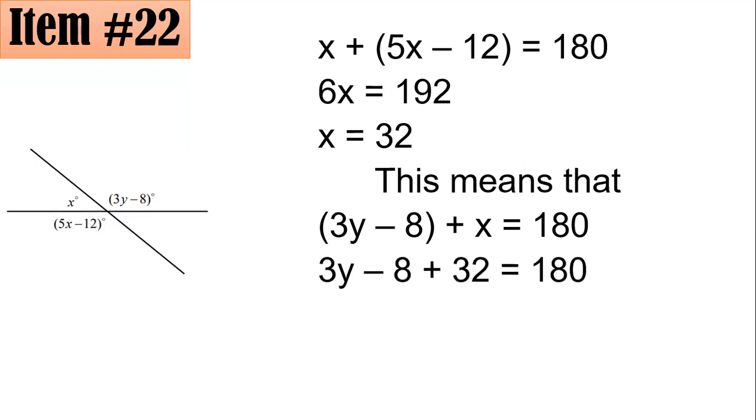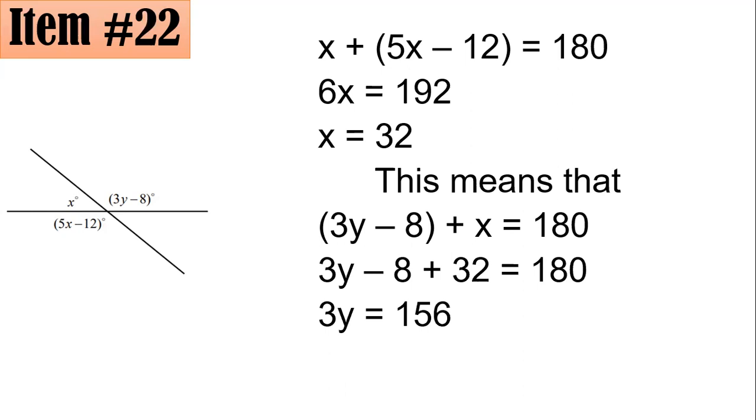That's why by substitution, you have 3y minus 8 plus 32, which is equal to 180 degrees. And subtracting both sides by 32 and adding both sides by 8 isolates the term with the y. So we have 3y equals 156.